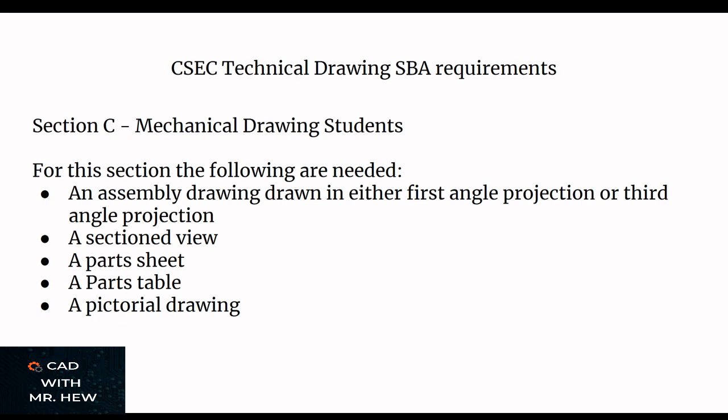Then the candidate is required to produce a parts table. Then the candidate will be required to produce a pictorial drawing. Okay? So these are the 5 things which need to be done by the mechanical students. Okay?